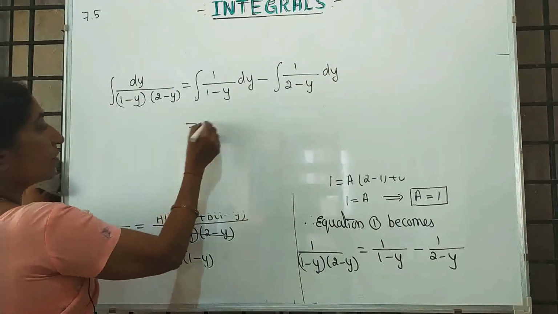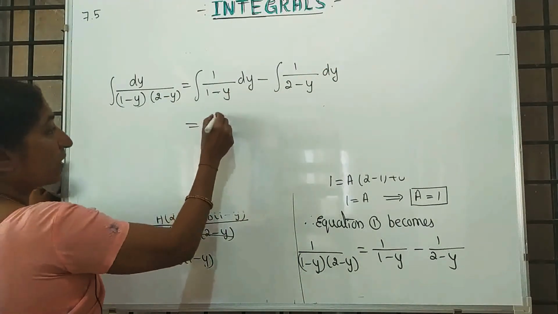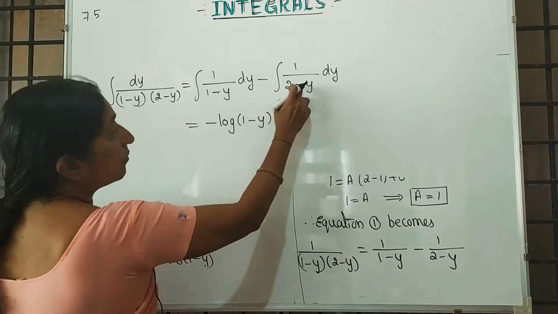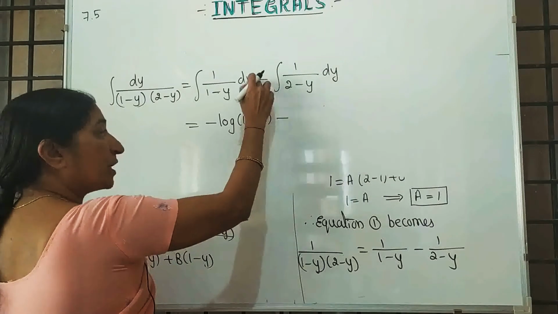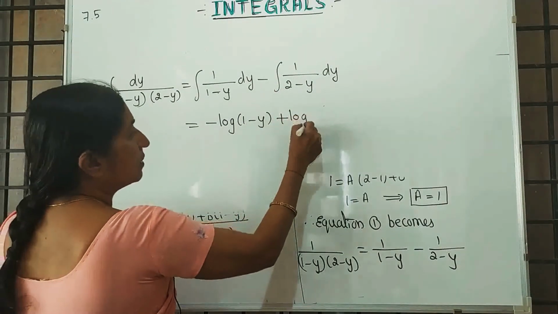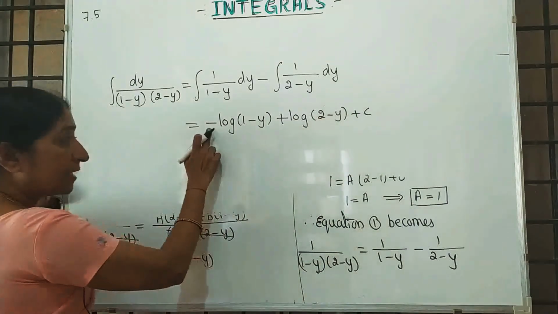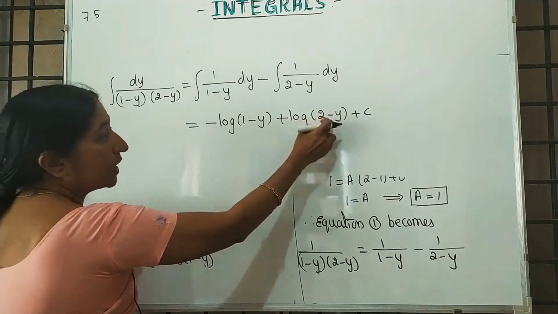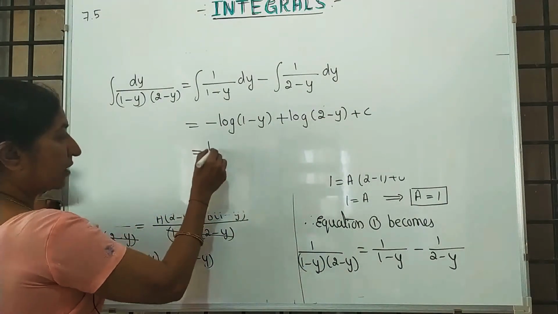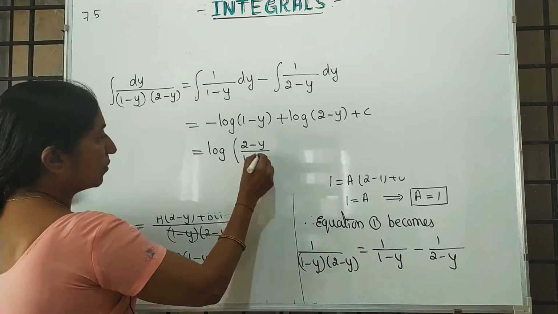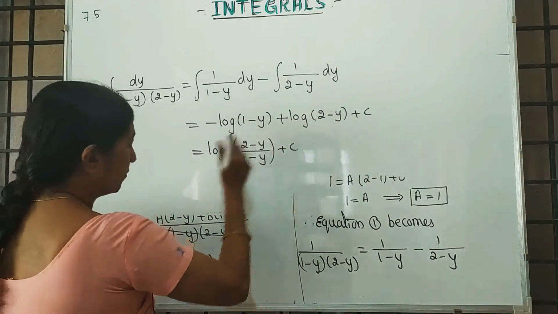So here the coefficient of y is minus, it is minus log of 1 minus y. Again the coefficient of y is minus, with the minus already there, plus log of 2 minus y plus c. Log m minus log n is log m upon n: log of 2 minus y upon 1 minus y plus c.